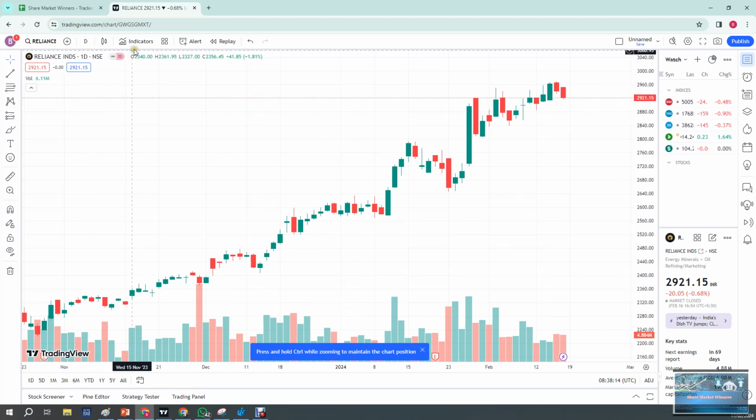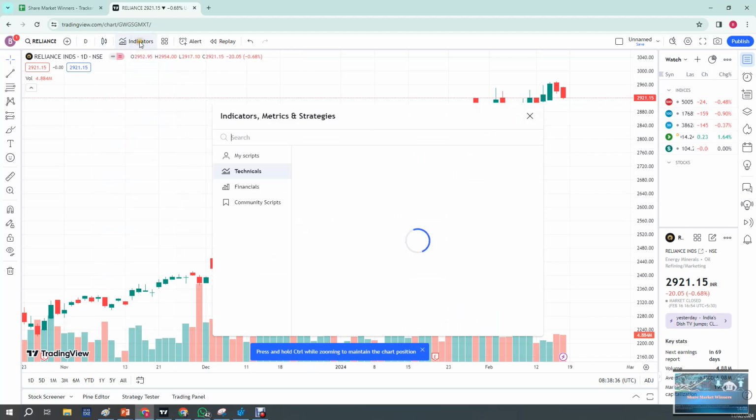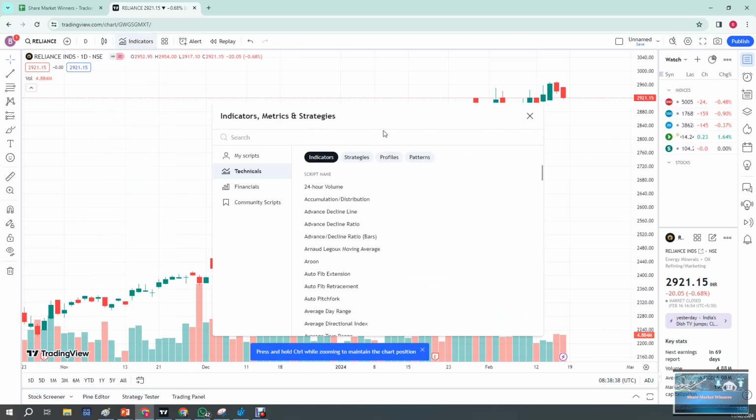In this, you have various options to use. You can use candlestick or other chart patterns. I primarily use candlestick patterns, which every other trader or investor normally uses. Next to that you can find the indicators. There are various indicators, as I mentioned.